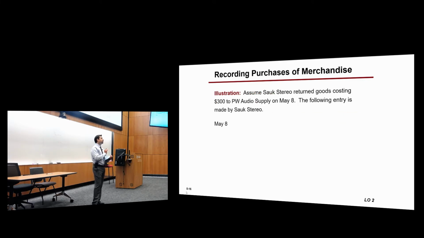Remember, so far we're doing the purchases, which means we are recording it from the point of view of the buyer, not the seller. So in this case, what's the transaction from the point of view of the buyer?